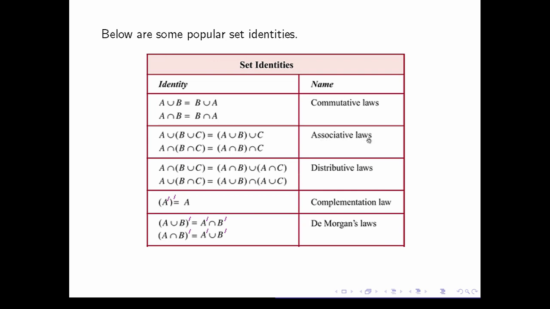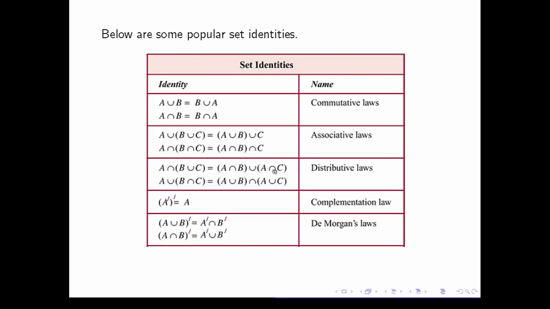The associative law is also easy to see. If we have just union operators, then we can do the association. A union (B union C) is the same as taking A union B first and then union with C. The same also holds true for intersection.